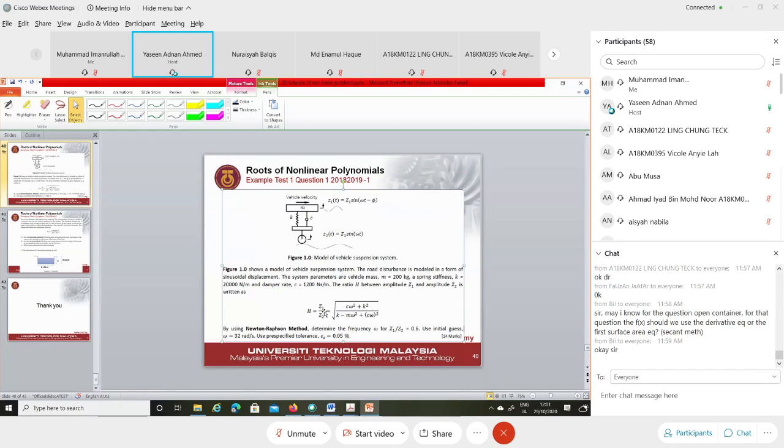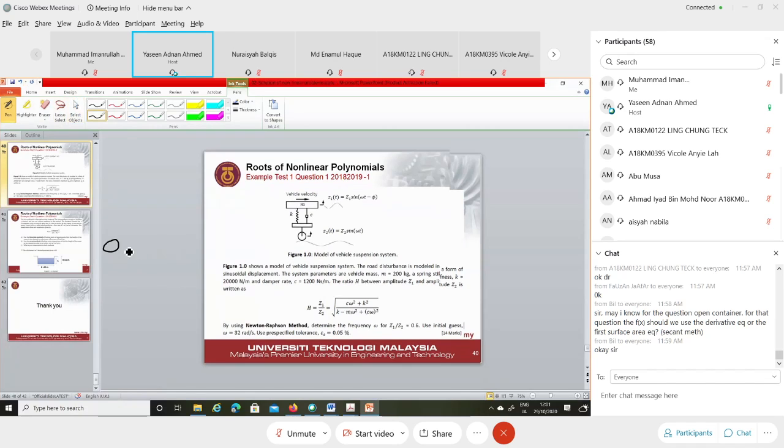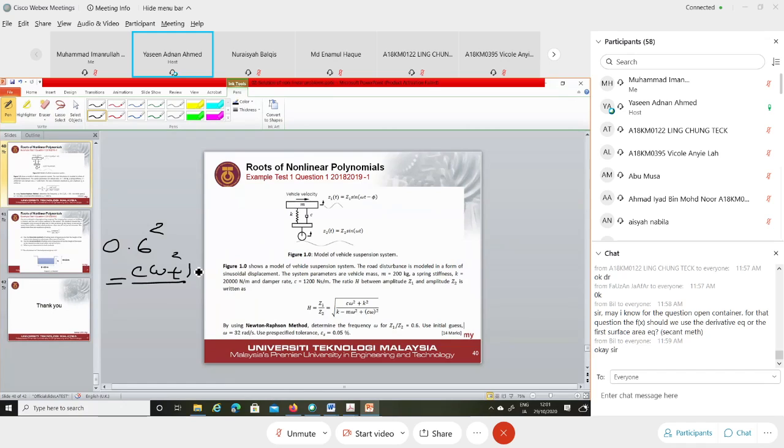If you can't, we just use this one, right? If you simplify this one, what will you get? Prepare the equation first. Just square it. So 0.6 squared will be equal to C omega squared plus K squared, whatever it is, just write it down and simplify.